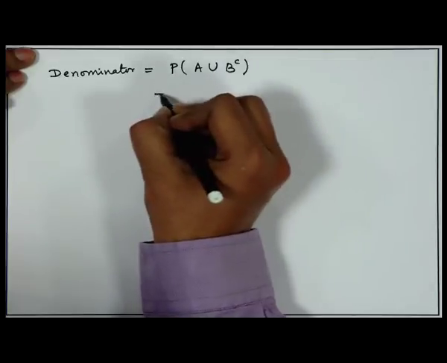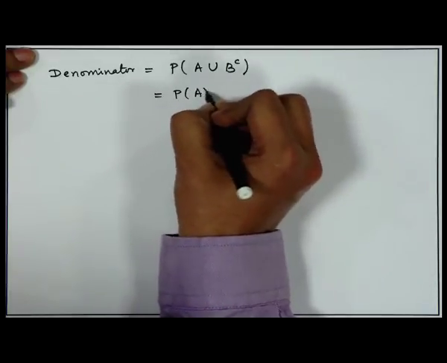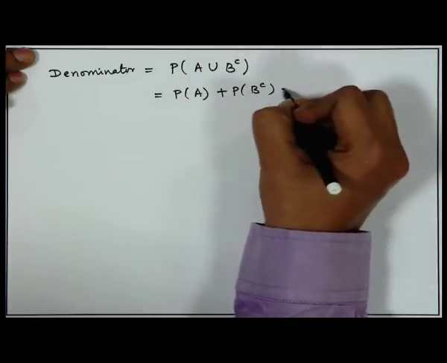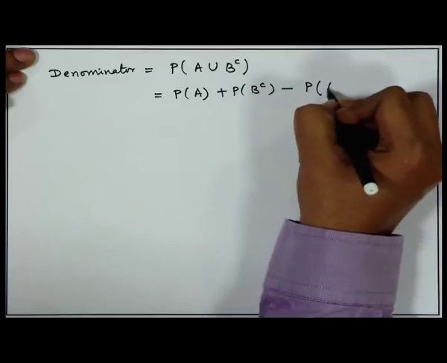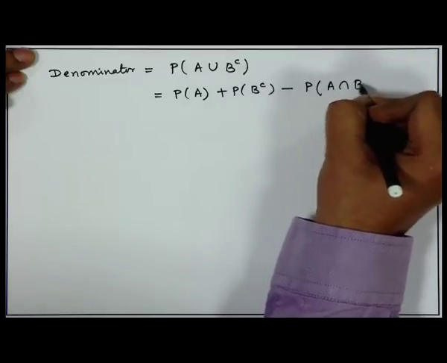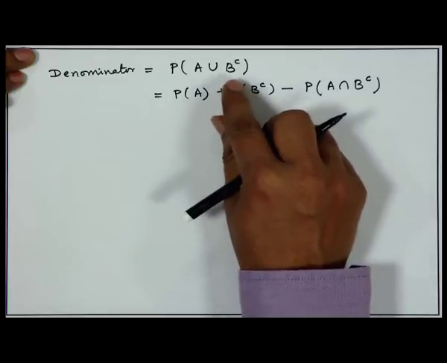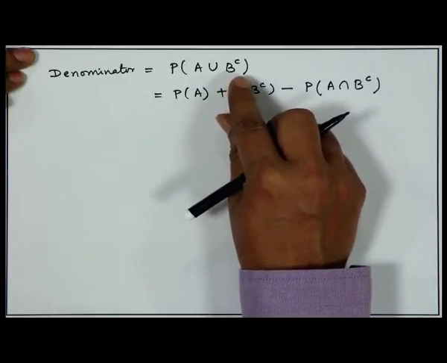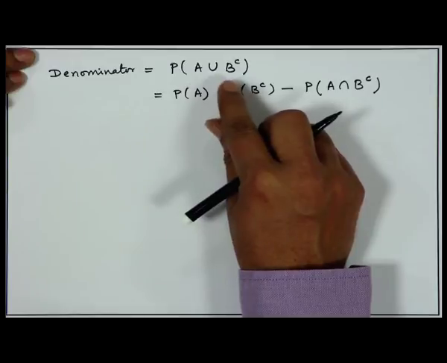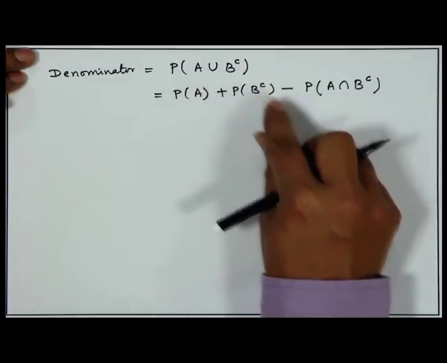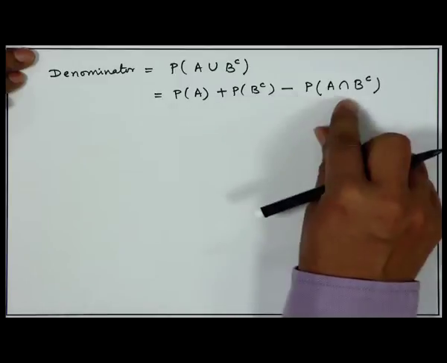So, this is equal to probability of A plus probability of B complement minus probability of A intersection B complement. You can actually see that in the formula for the addition rule, I have written the formula for probability of A union B. So, here B is replaced by B complement. So, there is no difficulty in writing down this term.